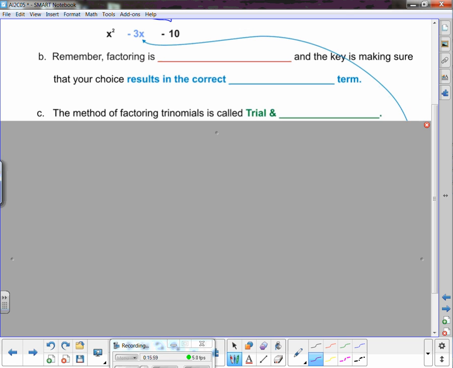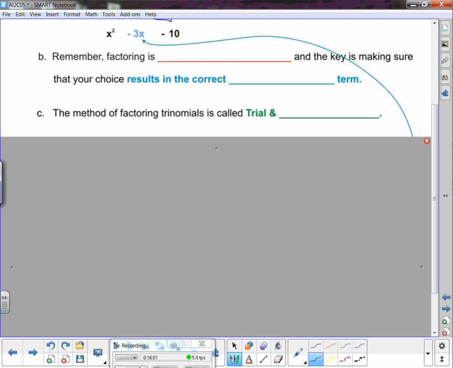It's all about the middle, and I'll try to keep bringing that up. All right, let's write a few things, then we'll get rolling here. All right, remember, factoring is unmultiplying. Just want something in your notes when you look back, you read that and remember, okay, yeah, factoring is unmultiplying. And the key is making sure that your choice results in the correct middle term.